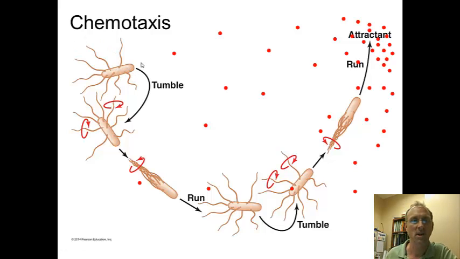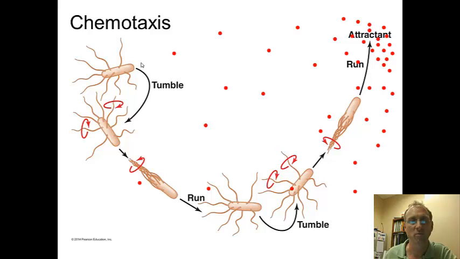One process that goes on is this process of tumbling that we can see over here on the left, in which case the flagella on the surface of the microorganism spin in essentially random directions from one another. This has a result that the microorganism begins to point randomly at different directions in the environment.